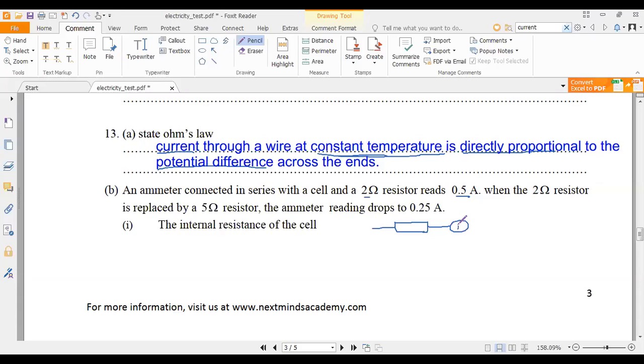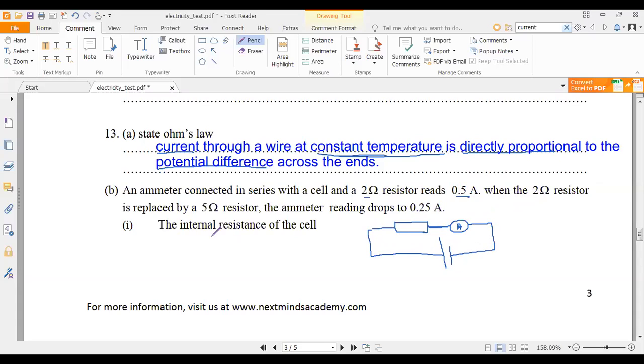Maybe if this is the ammeter, because there also has to be a source of EMF, maybe like this. So when this is 2 ohms, this is 0.5 amperes, and when we replace the resistor with 5 ohms, the reading of the ammeter is 0.25 amperes.